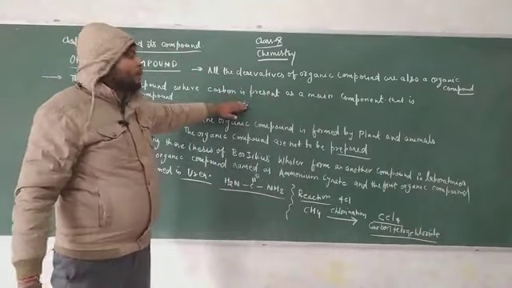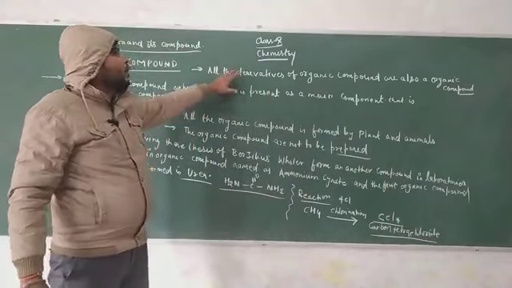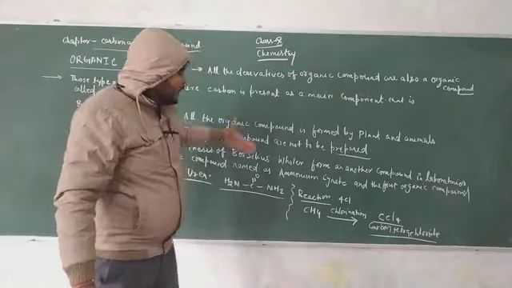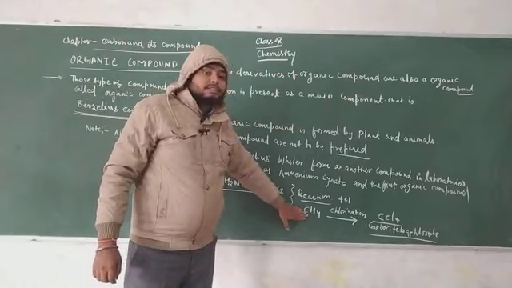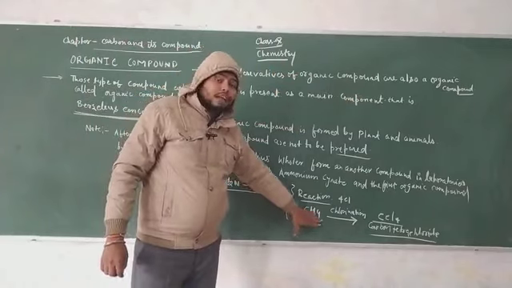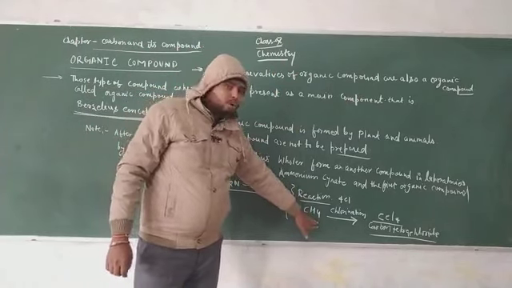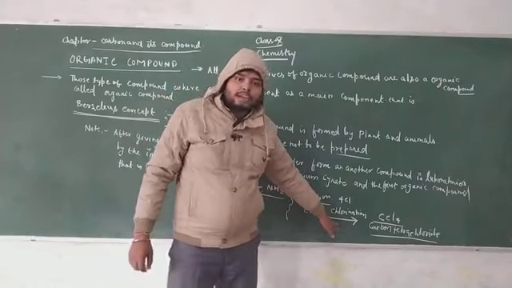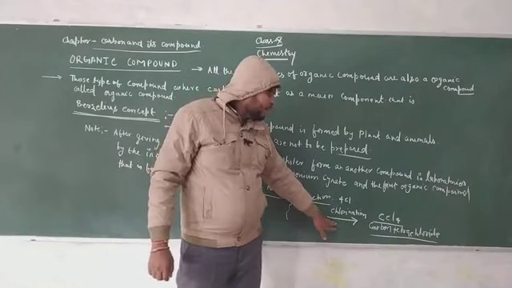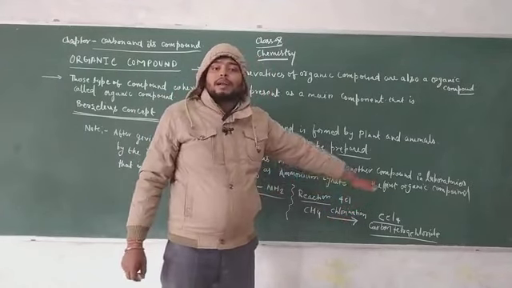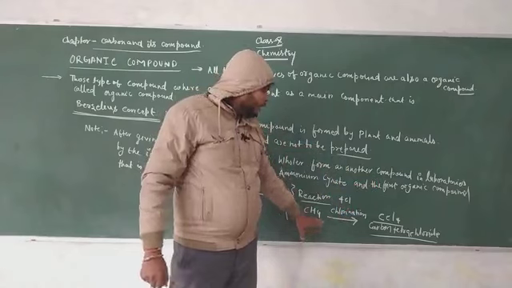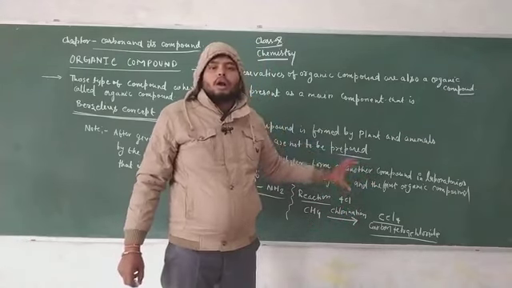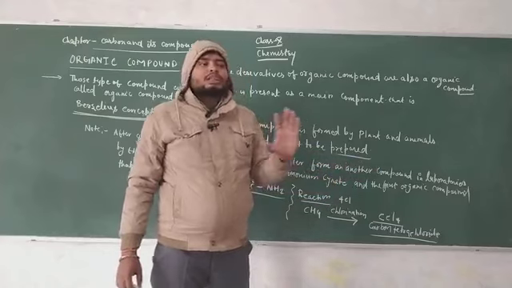According to this concept, all the derivatives of organic compounds are also organic compounds. CH4, methane, is an organic compound. When you chlorinate it with 4 chlorine atoms, your compound will be carbon tetrachloride, and according to this concept, carbon tetrachloride is also an organic compound. So just take a note of this.